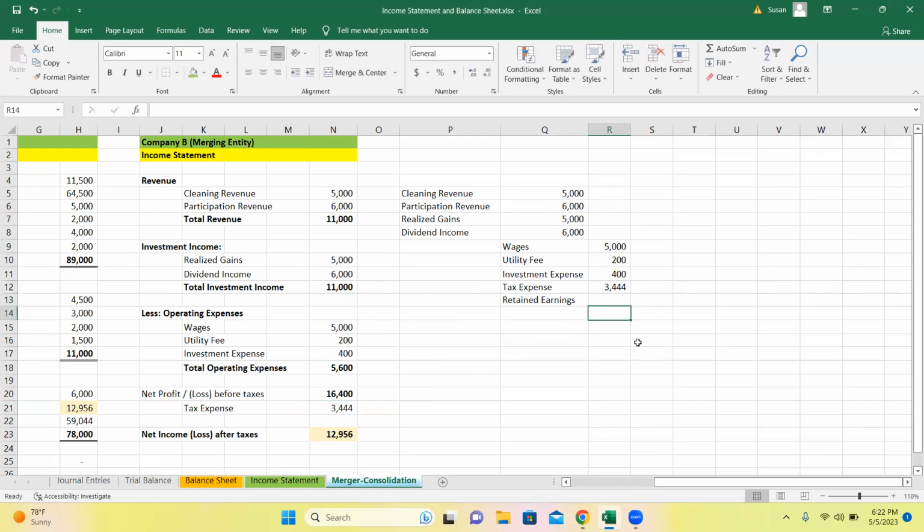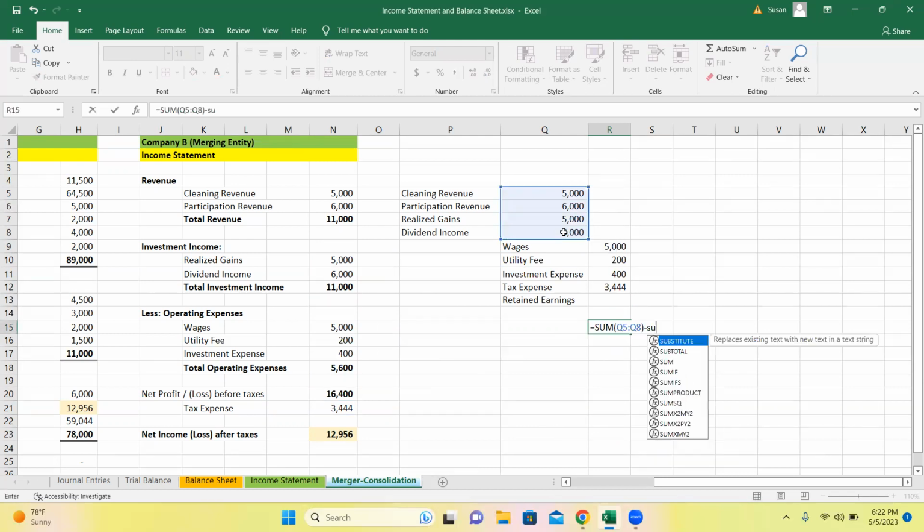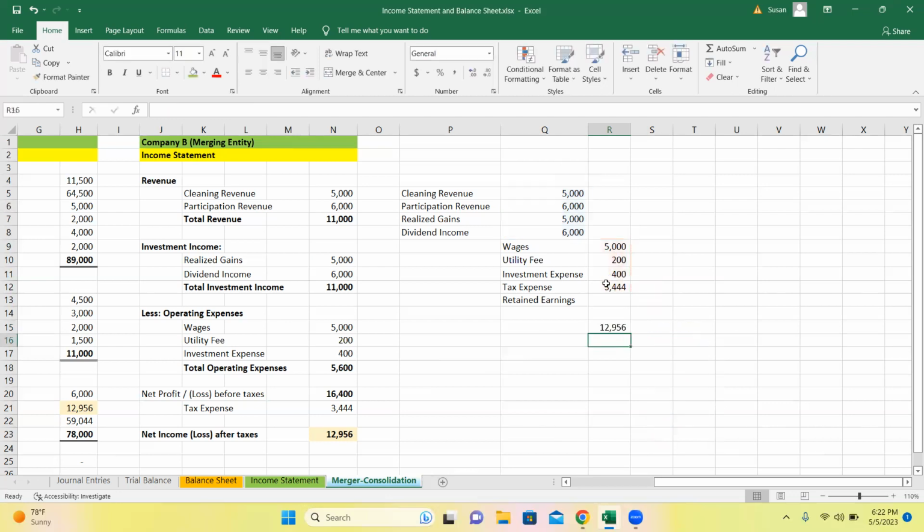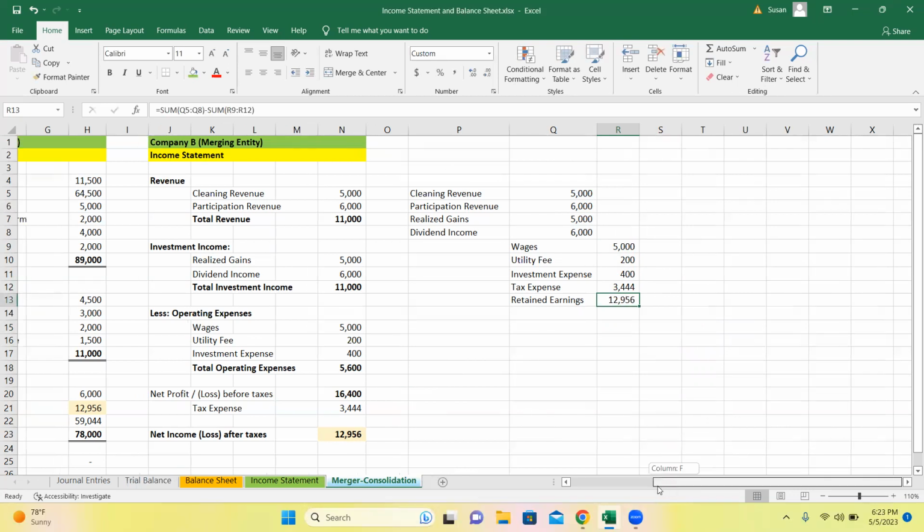I'll just double check if retained earnings should be a negative or a positive by taking the difference of these two here, your revenues versus your expenses. Okay, so it's going to be a credit. So now I have taken the things out of the net income and put it into retained earnings.